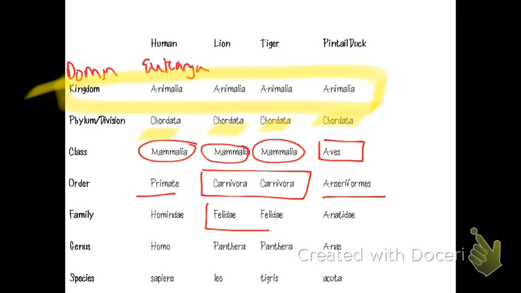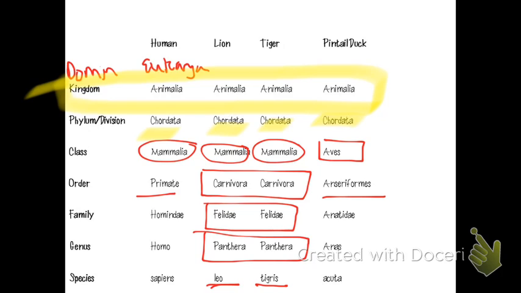They are both in the same family of the Felidae family. They are both in the same genus of Panthera. And so the only difference is the species name. The lion is in the species Leo, and the tiger is in Tigris. So the lion and tiger actually are very closely related, and that's why they have all of the same categories until you get to the very end, and the only thing they're different in is in the species.